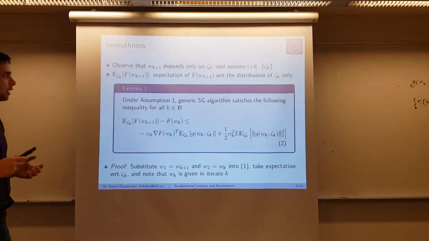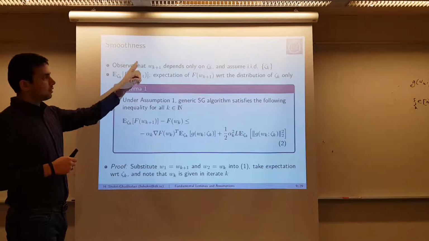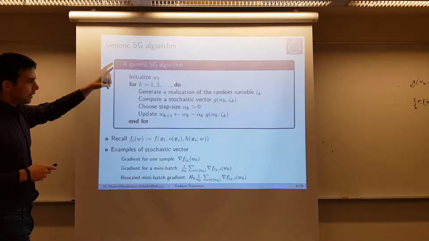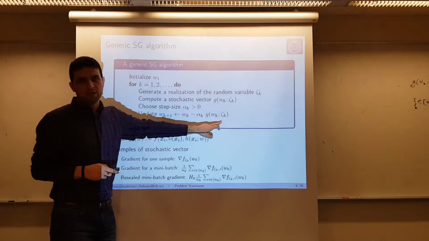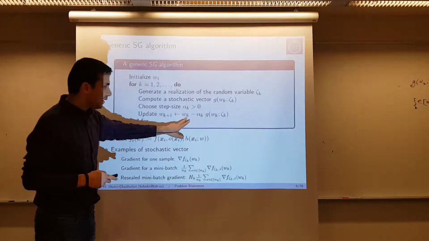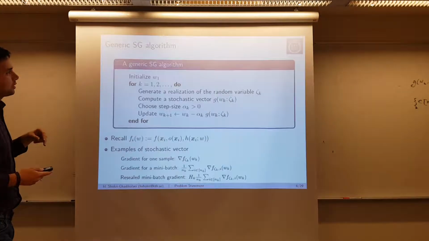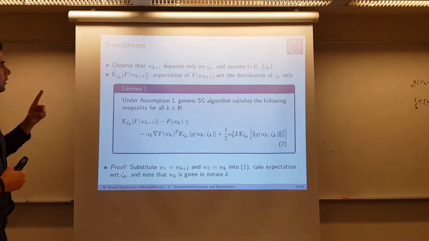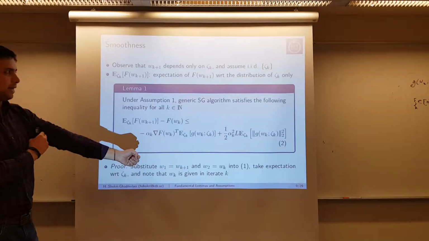Assumption 2. First, we should observe that if we go back here, W k+1 is a function of this zeta k, right? And W k was a function of zeta k-1. So first observe that W k+1 depends only on zeta k.